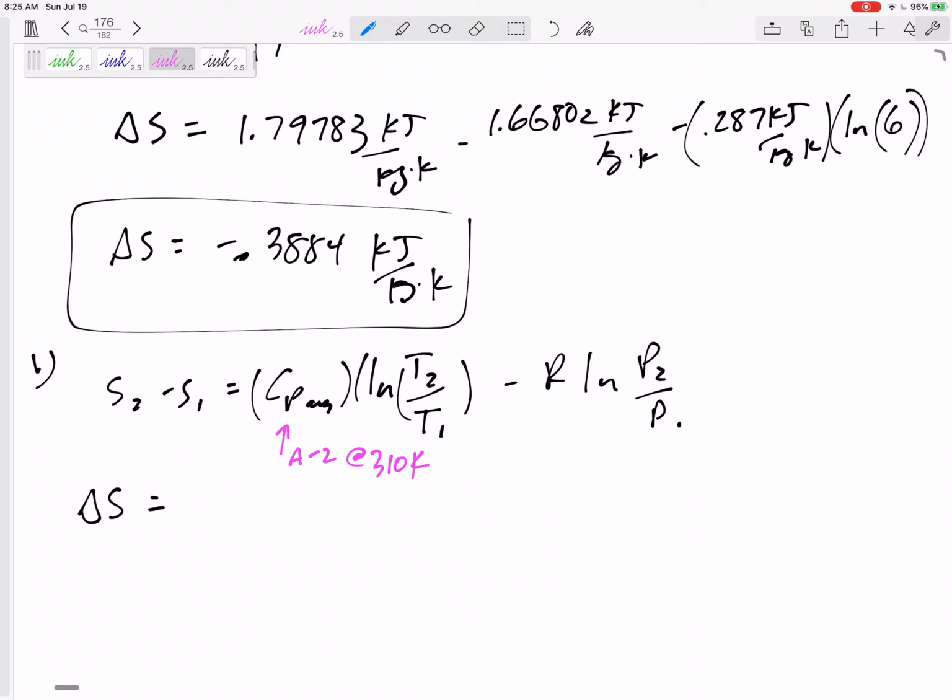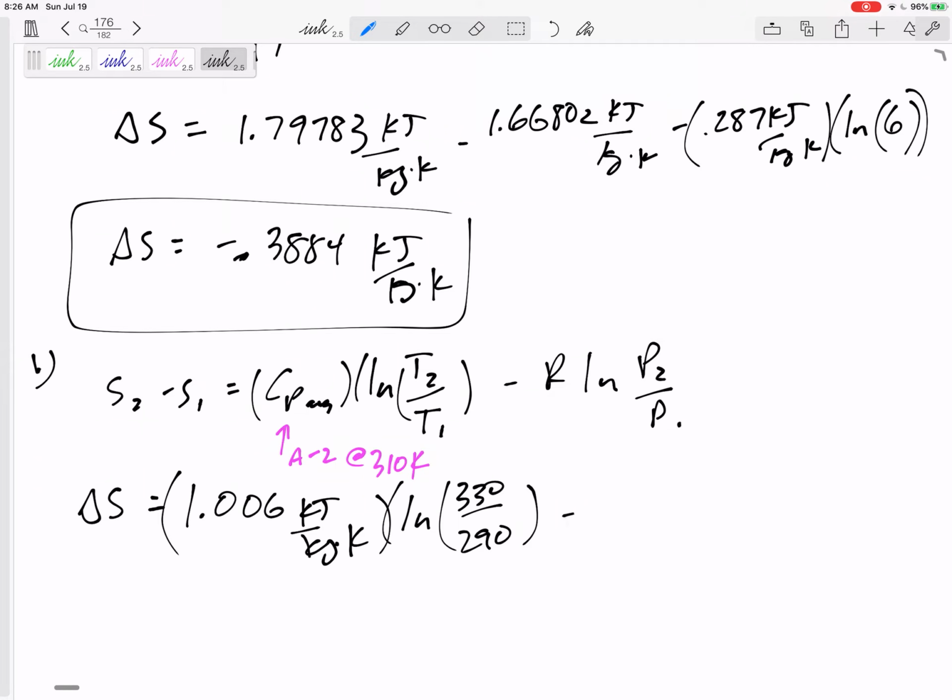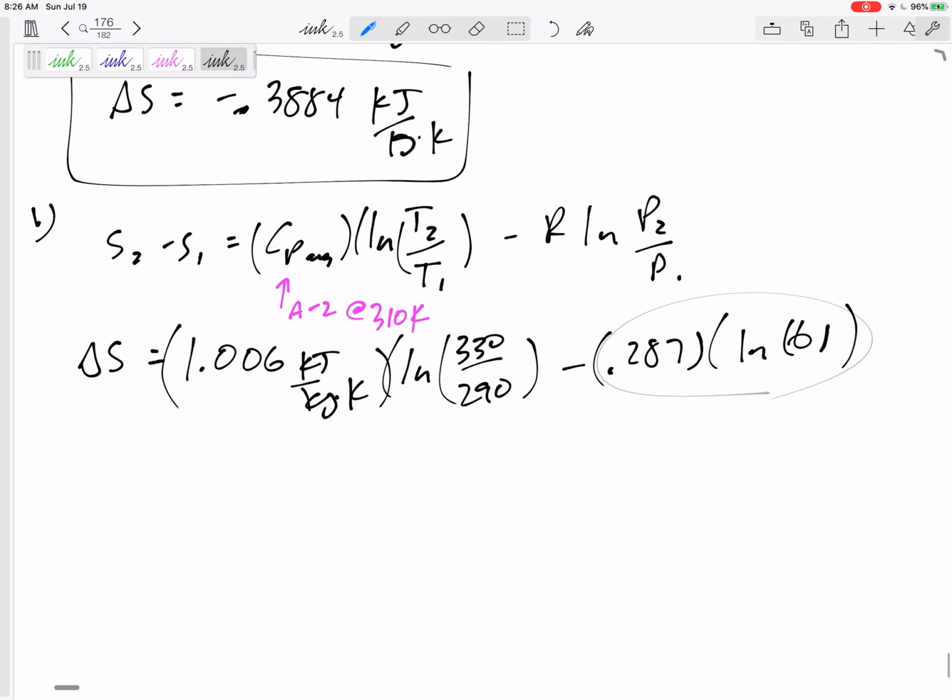I do kind of want you to interpolate. Sometimes they're so close together that you can estimate, but this would be 1.006 kilojoule per kilogram K. This ln has to be the absolute temperature, 330 over 290, minus 0.287 ln 6. You might have that number already in your calculator.